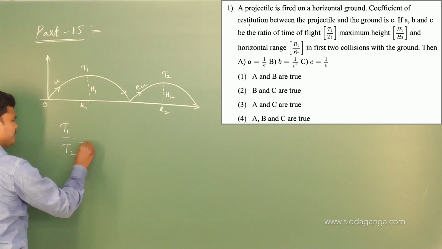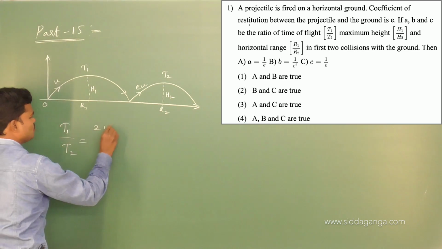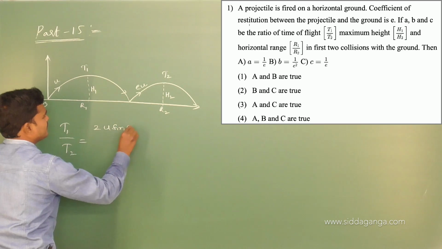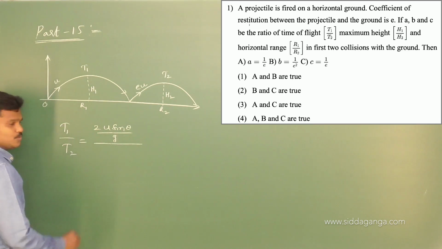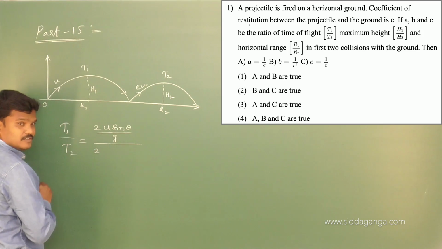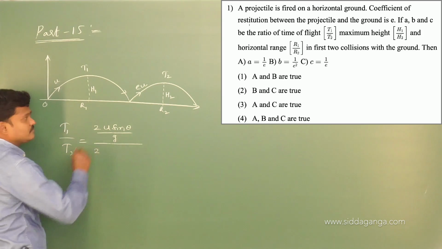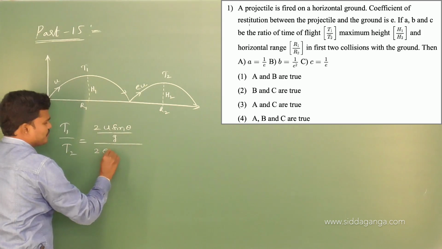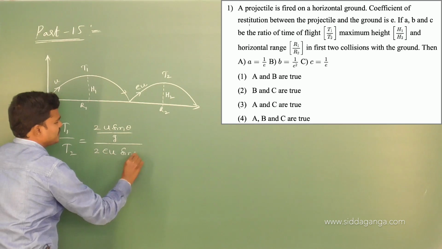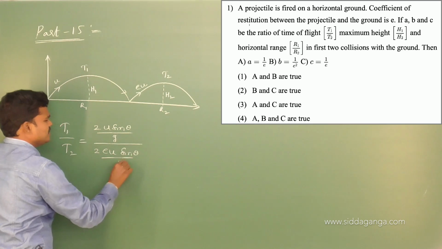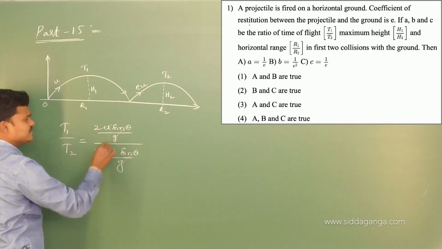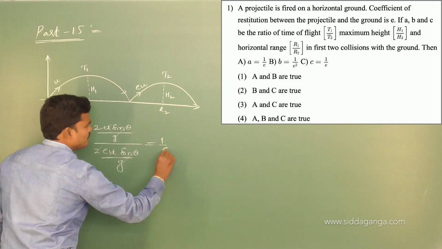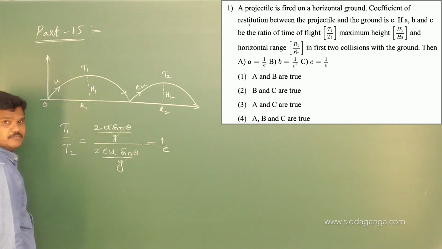Let me write t1 by t2 directly. What is t1? 2u sin theta by g. For t2, u becomes e times u, so e u sin theta by g times 2. The 2u sin theta cancels, and it is equivalent to 1 by e. So they have given the t1 by t2 value as 1 by e.